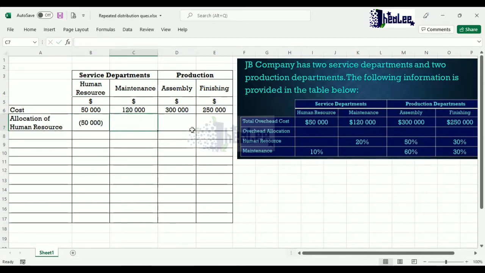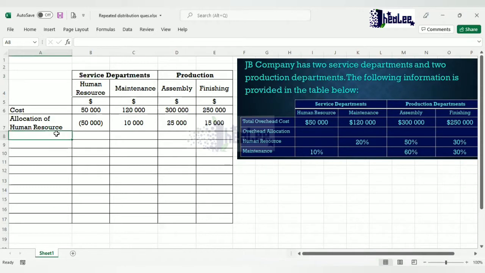From the question, the human resource is providing 20% of service to the maintenance department, meaning 20% of that 50,000. 50,000 multiplied by 20% gives us $10,000. For the assembly, it is providing 50% of that 50,000, which is $25,000. And for the finishing department, the human resource is providing 30% of service, and that would give us $15,000.